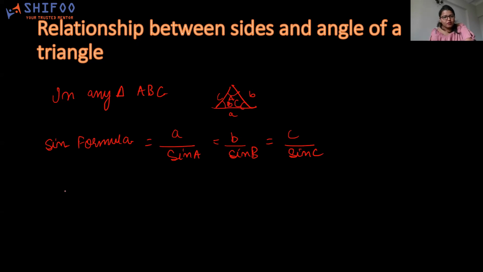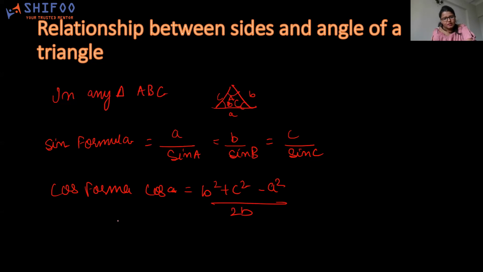Understood? If you go to the cos formula, cos A will be b square plus c square minus a square upon 2bc. Cos B will be c square plus a square minus b square upon 2ca.